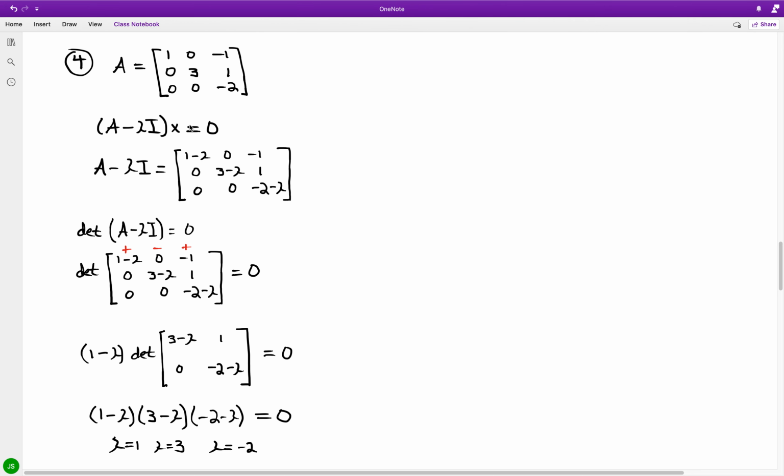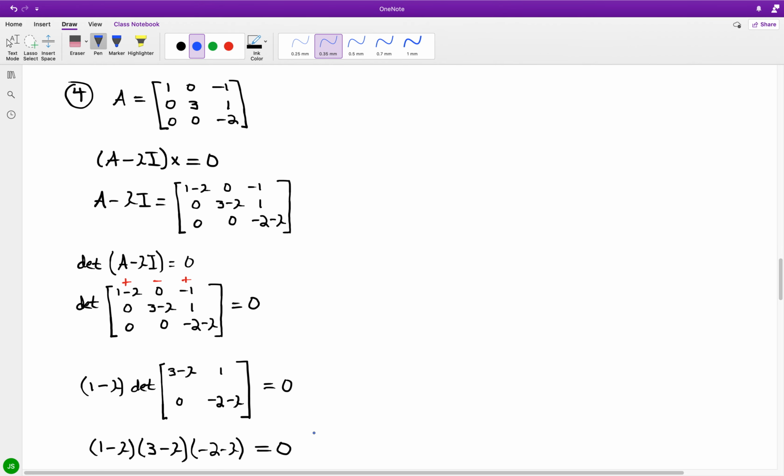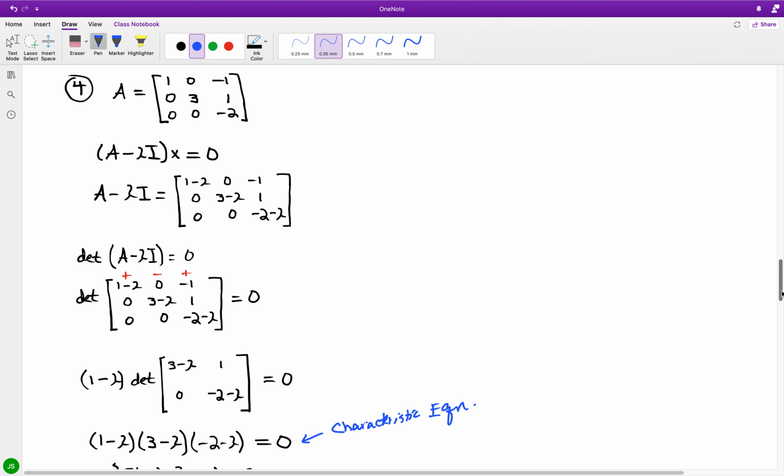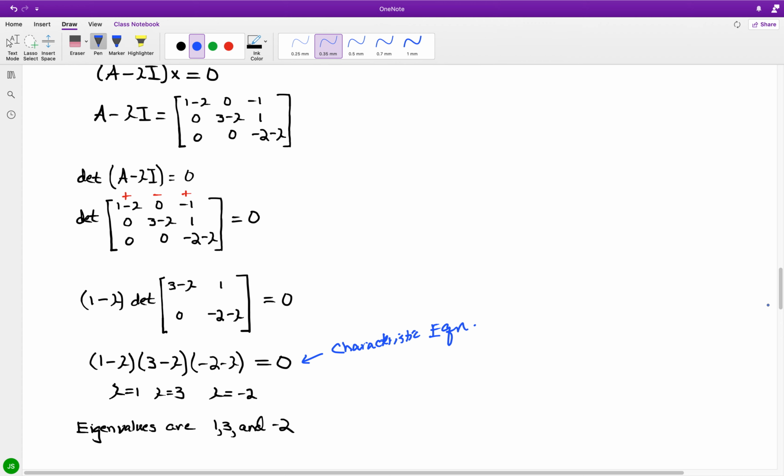So once again, this is the characteristic equation, with these distinct factors: 1 minus lambda times 3 minus lambda times negative 2 minus lambda. From this, we're going to have integer-valued eigenvalues. It doesn't matter what order you place those in, but we do have 1, 3, and negative 2 among the values.